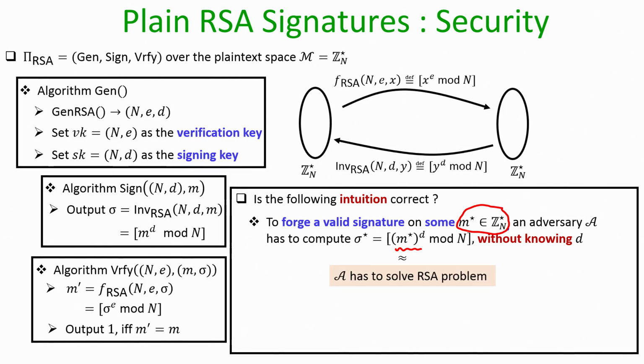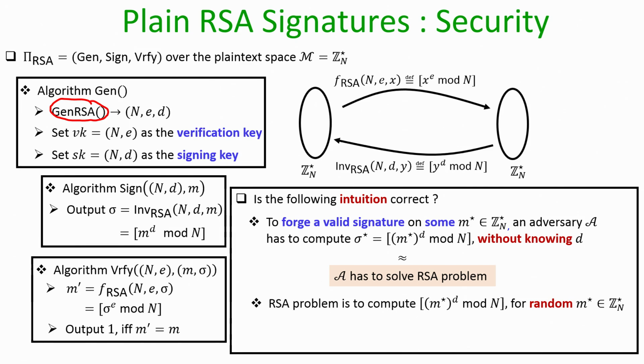And one may argue that this is nothing but an instance of the RSA problem. Since if I assume that the RSA problem is difficult with respect to this GenRSA function, then I can safely claim that this plain RSA signature scheme is secure.